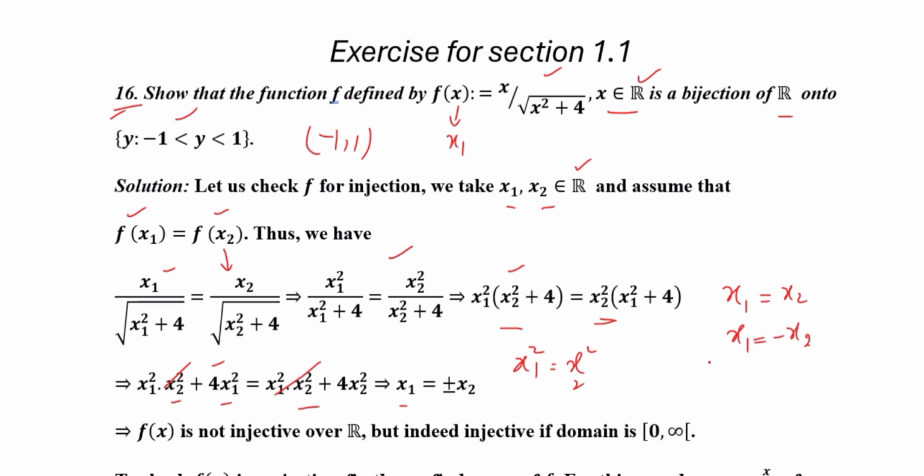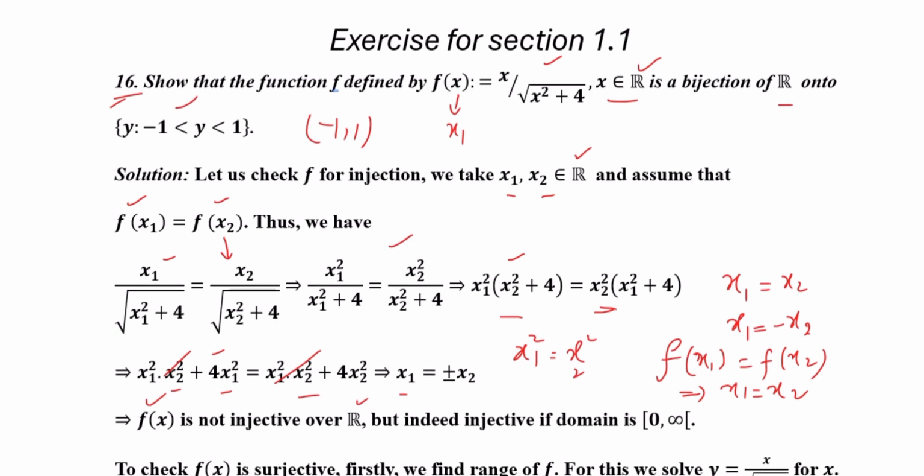This shows that f of x is not an injective function over R, because for injection, if we take f of x1 is equal to f of x2, this implies only x1 equal to x2. But here x1 is equal to minus x2 also.